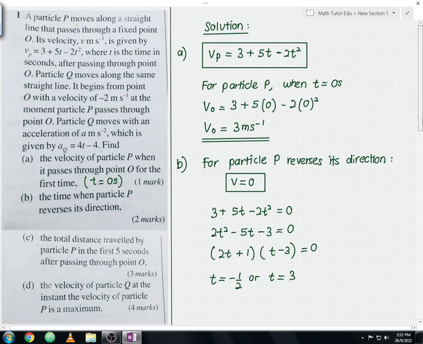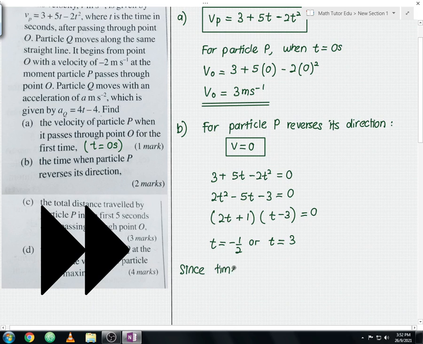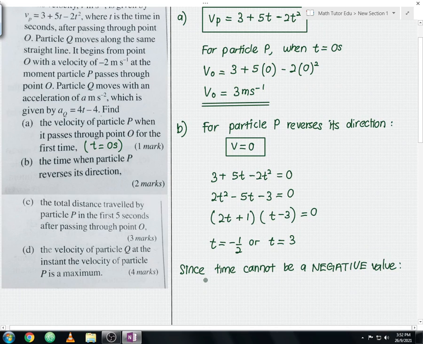Let me write the statement over here. From here your t will be equal to 3 seconds. So this is the only answer you can obtain. Let me underline the solution.